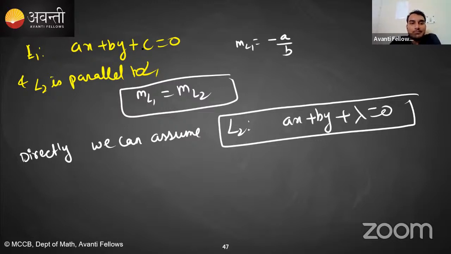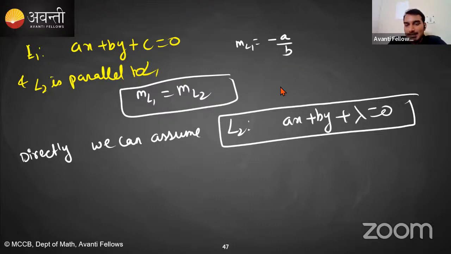Is this clear? So if L1 is ax plus by plus c equal to 0, and I have to assume any second line which is parallel to L1, you can directly assume ax plus by plus lambda equal to 0. Just change your constant, then the line is parallel. Is this clear, students? Quickly let me know in the chat box. Is this clear?